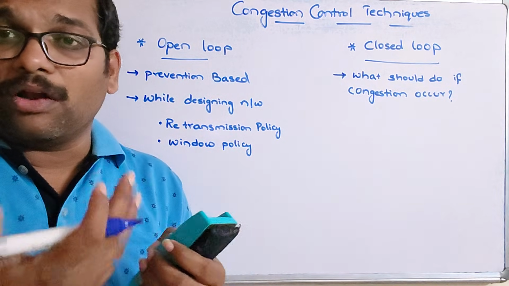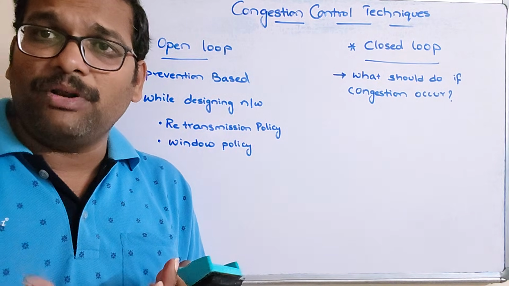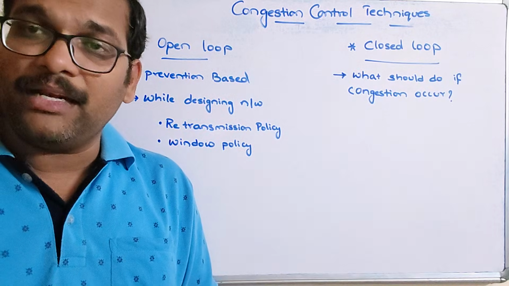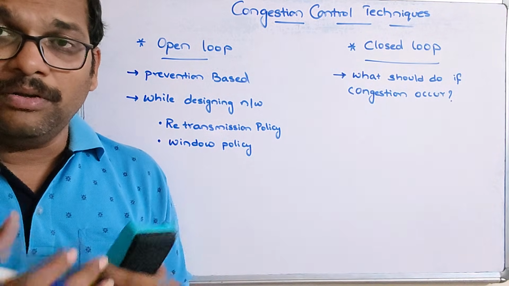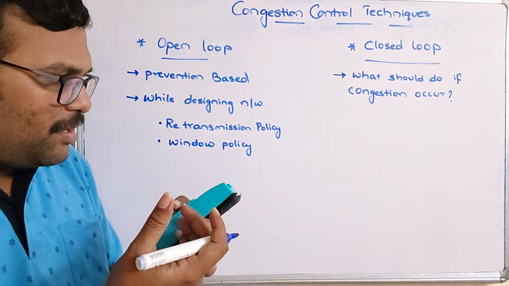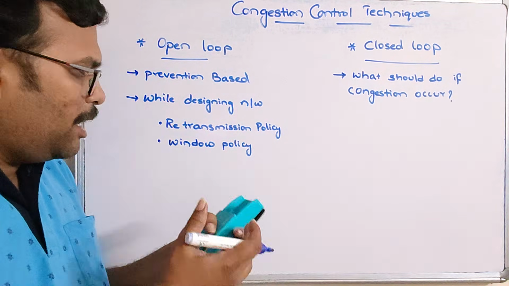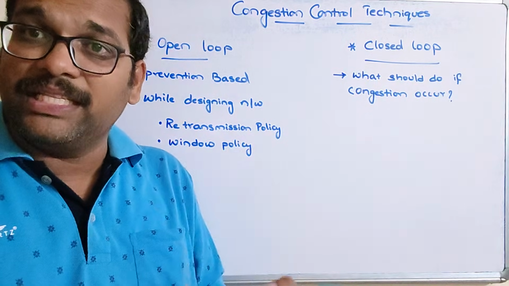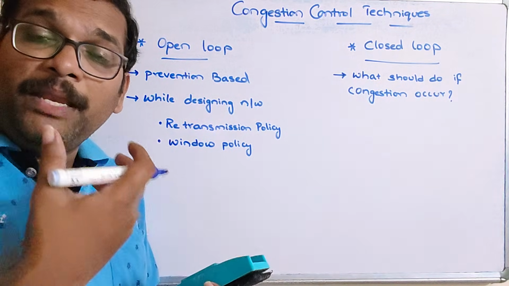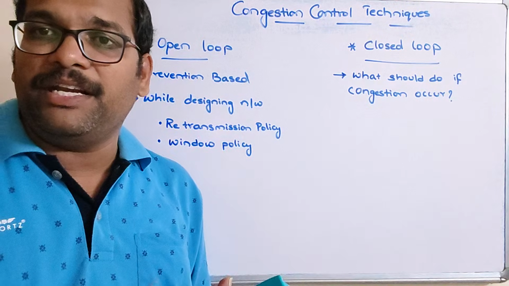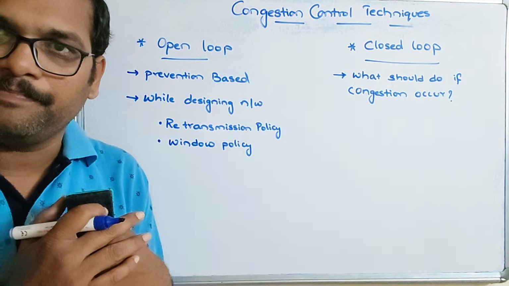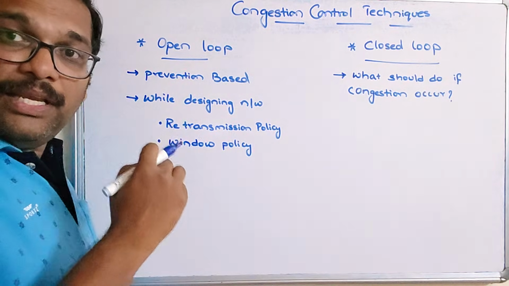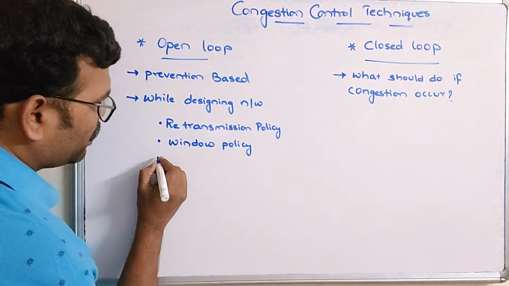Because we have seen a lot of techniques like selective repeat, go back N, stop and wait, all these protocols. While using these kinds of protocols, how many packets can be transmitted without receiving the acknowledgement? That is the window policy. Okay, and all these things we need to take care of while designing the network.